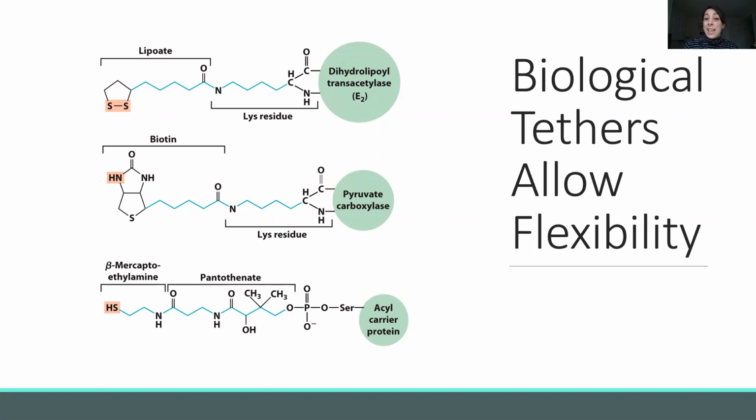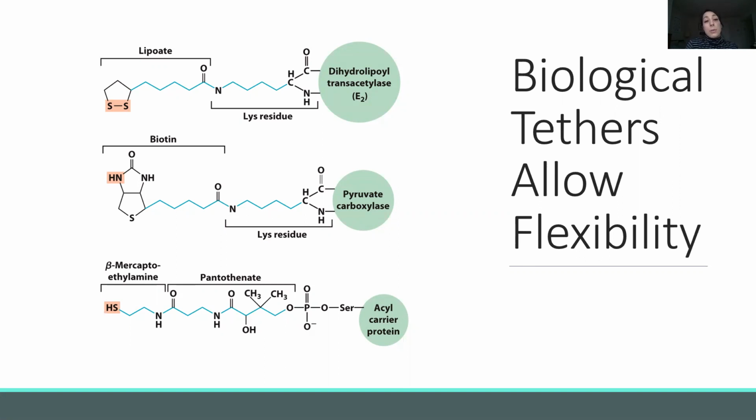And these types of tethers help us move attached molecules around enzymes to other portions of the enzymes. This allows this multi-complex enzyme to actually do its job faster. If you can just kind of bungee the piece over to the next enzyme complex, then it's going to get over there much faster than if you have to wait on luck that the molecule happens to just drift into that next portion.